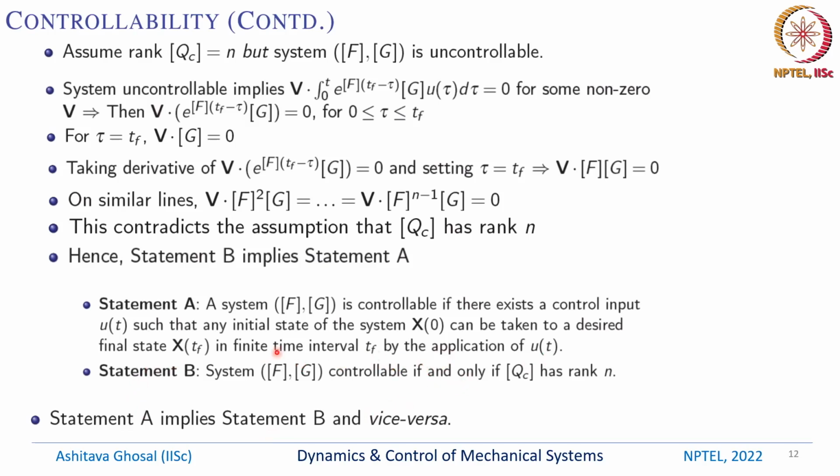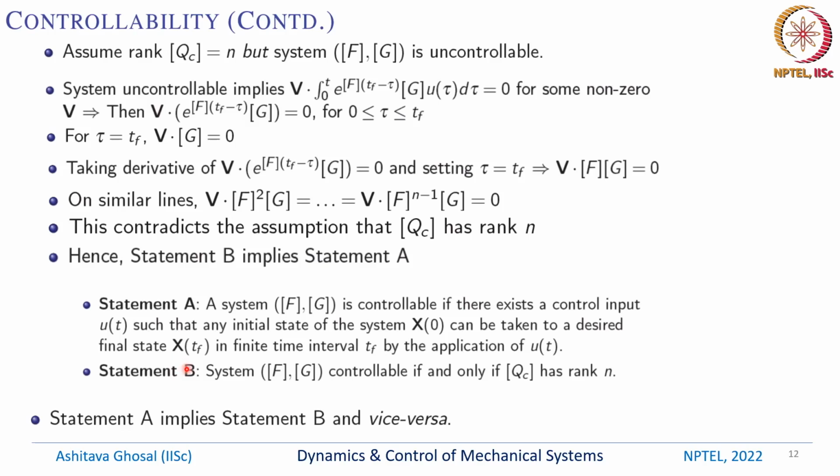And this is the definition. Statement B is what is derived by Kalman, and he said the system f comma g is controllable if and only if QC has rank n. And what we have shown you is that these two statements are exactly the same.